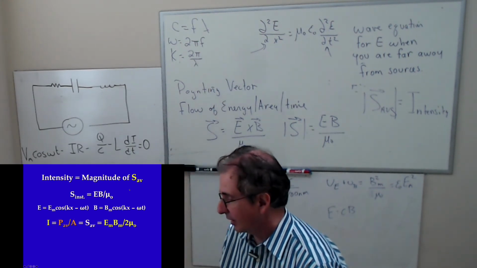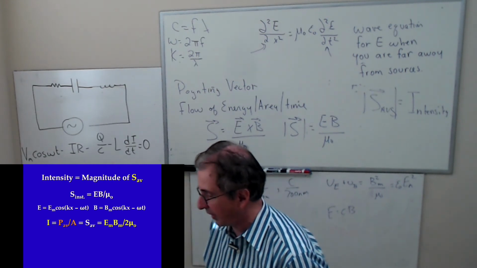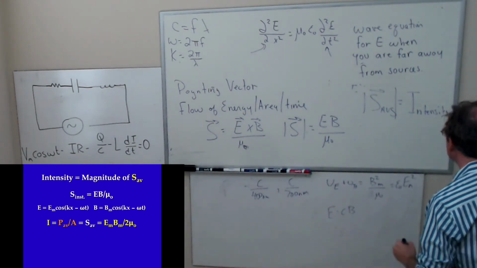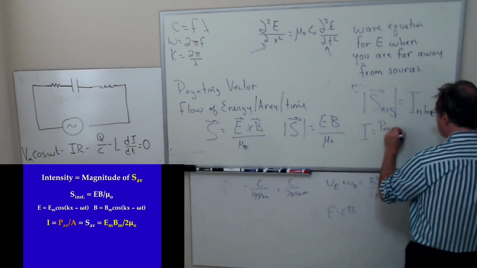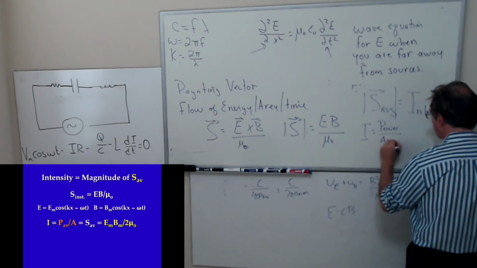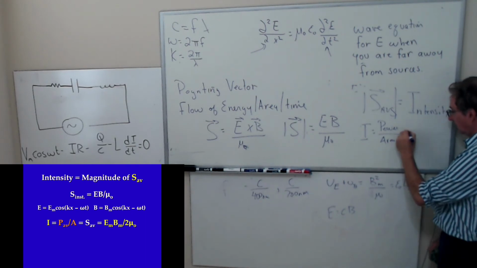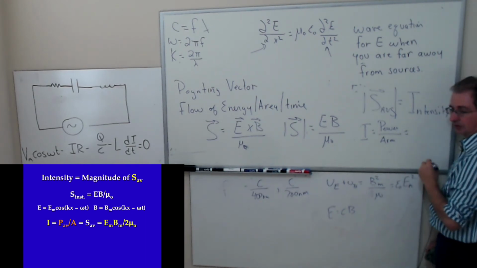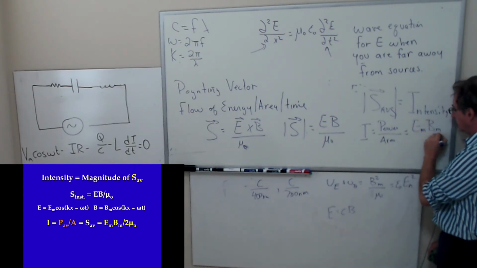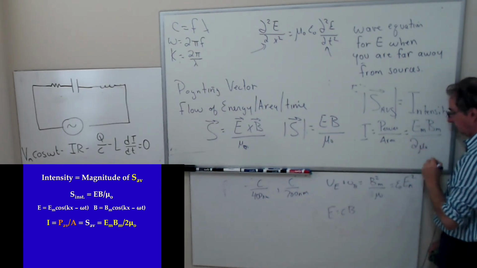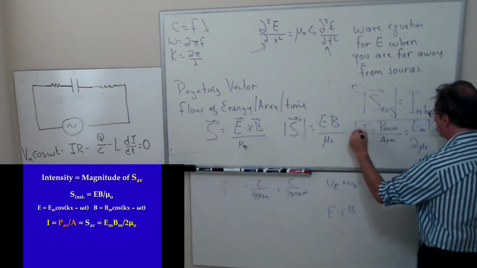And so, again, since you're going to take the average of cosine squared, you're going to get 1/2. So the intensity is called the power per unit area, the energy per unit area per unit time, and that's the same thing as S average. And you can just write it as E max B max over 2 mu naught. This is the intensity of a wave.